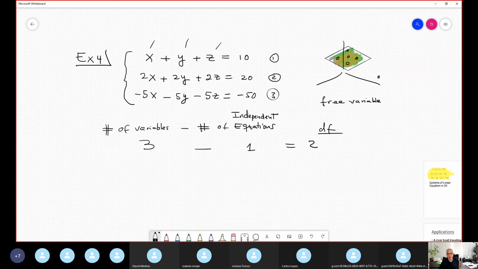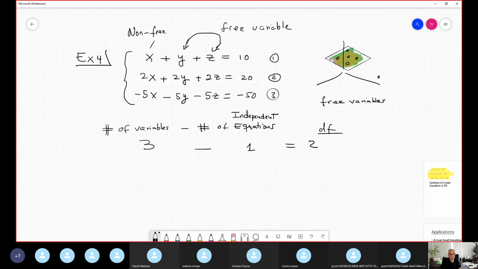Remember, the free variable gives me information about dimension. So the dimension is 2, the degree of freedom is 2 because we have 2 free variables, right? So I declare that y and z are completely independent. You declare y and z as free variables. And you put x as a function of them; this is the non-free variable.